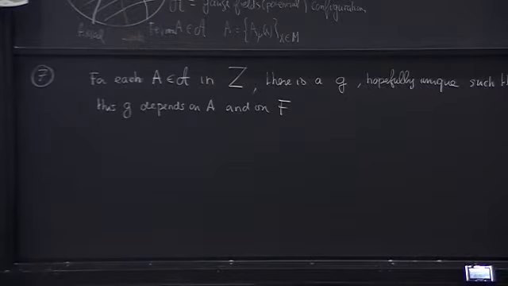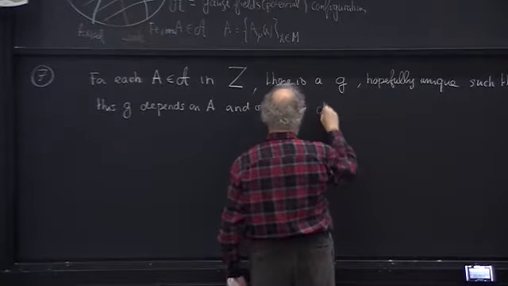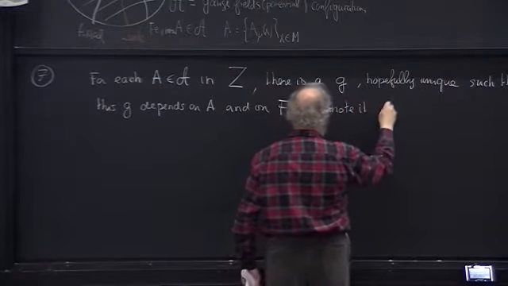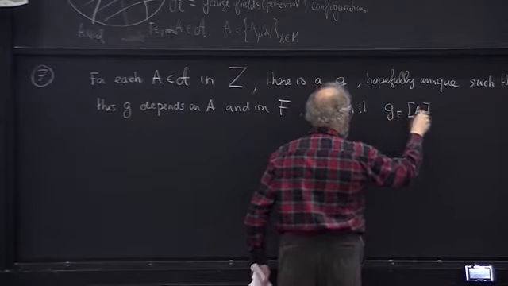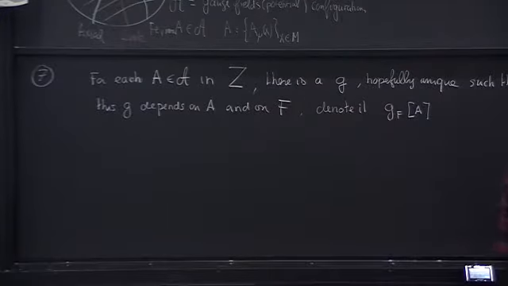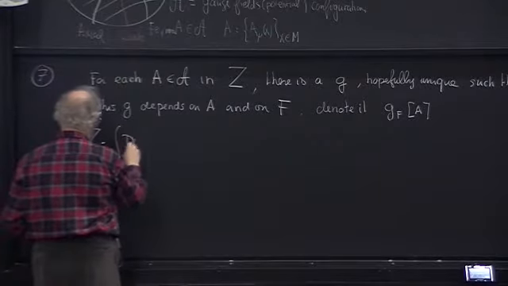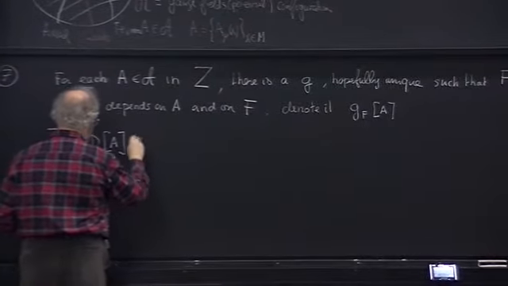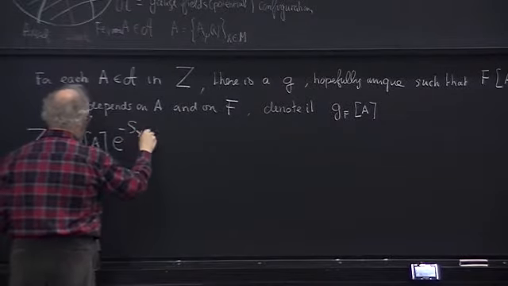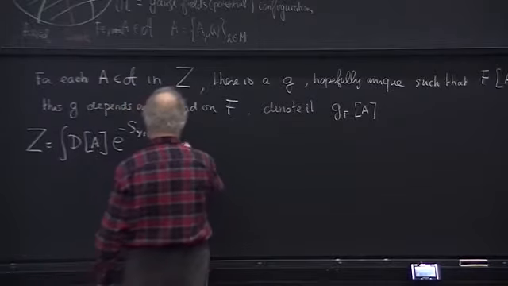So let's note it Gf of A. It's a function of A, and this function depends on the gauge fixing condition. Okay? And now, let's multiply Z, which is the integral over dA times exponential of minus S Yang-Mills of A, by 1.